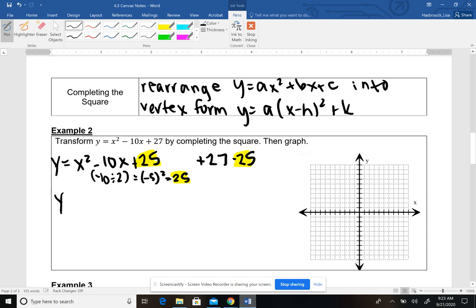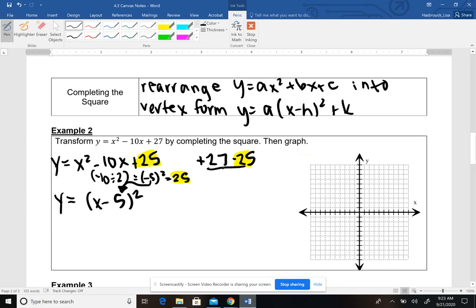Now the reason we did this whole dividing by 2 and squaring it is so that we would get something we could factor here. So x squared minus 10x plus 25 is factorable into x minus 5 squared. If you don't want to go through the process of factoring it, you just need to remember that you take whatever you got when you divided by 2, and that's the value that goes here.